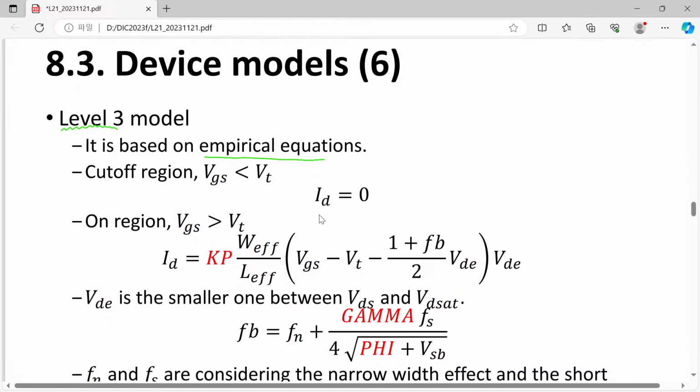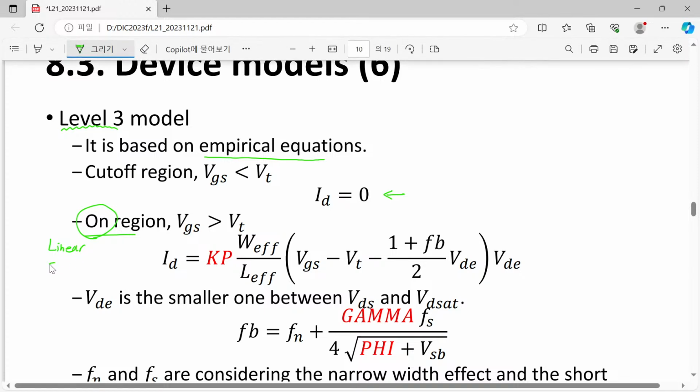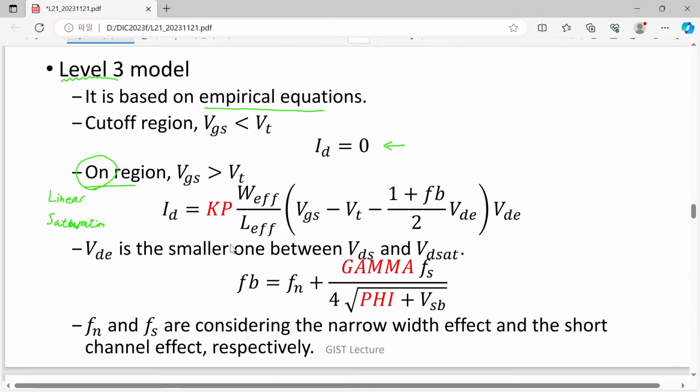So let's make a comparison between level 1 and level 3. Cutoff region, yes, we still have zero current. And the on region, what is the on region? It is unified in terms of this on region, linear and saturation. They are combined in this form. How can we have a combined expression?